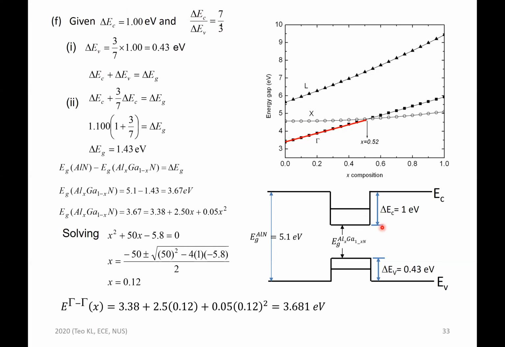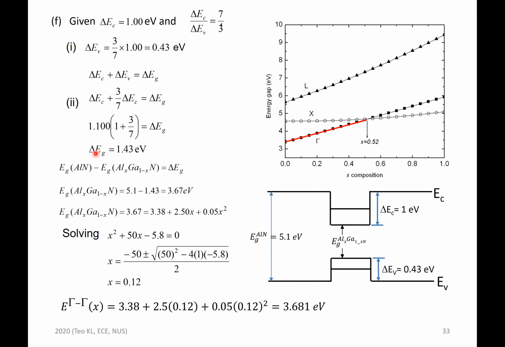Now, the conduction band offset plus the valence band offset is basically the difference between these two band gaps. So delta EC plus delta EV is delta EG. You know delta EC and delta EV, so you should be able to calculate the difference in band gap between the two materials, which is 1.43 eV.